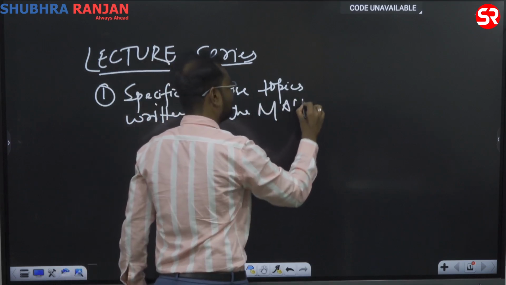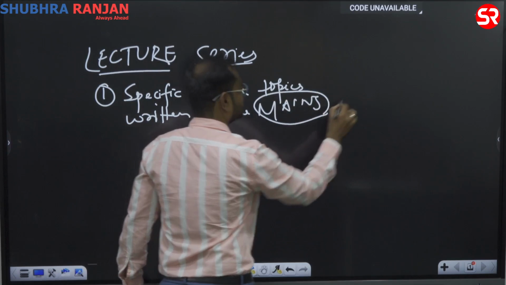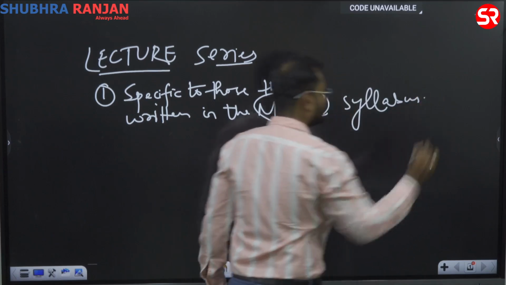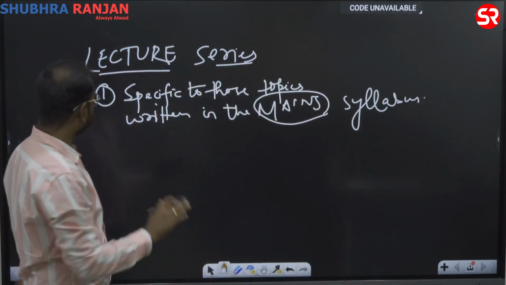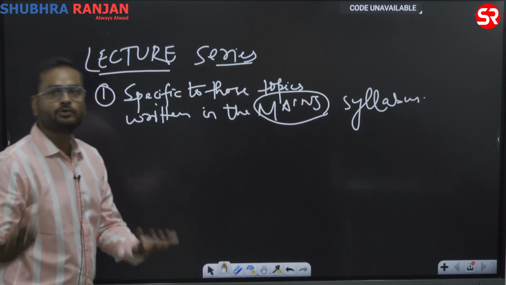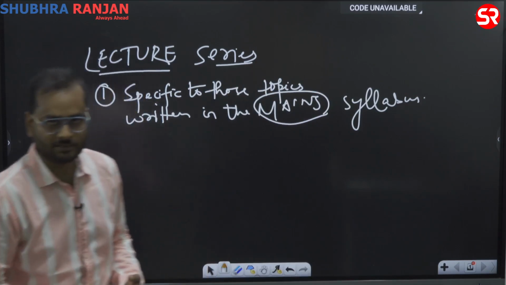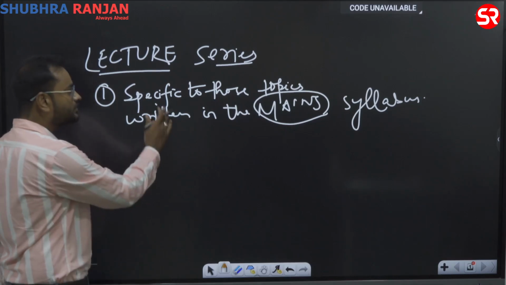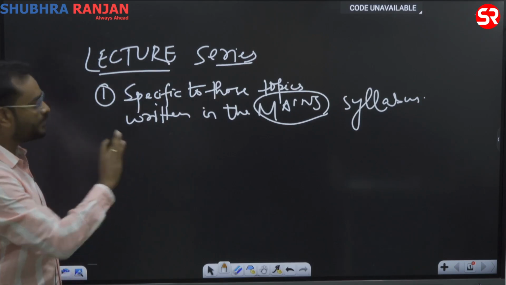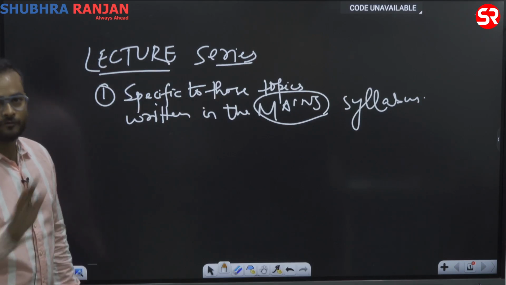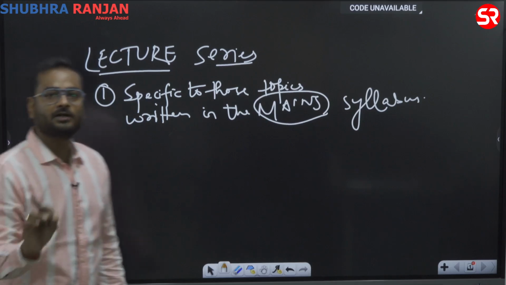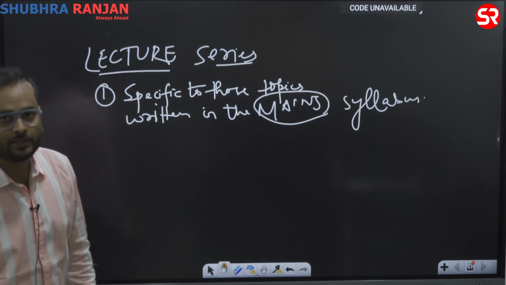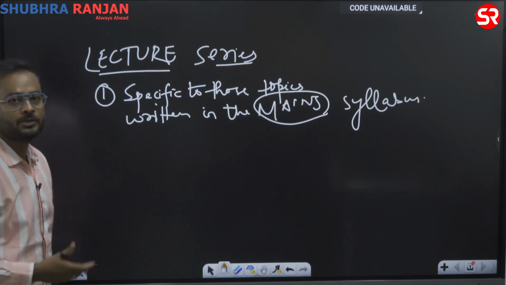I repeat, mains syllabus. There would be a 10-minute discussion regarding what we are trying to achieve through these kind of lecture series. Then we will straight away jump to the topic. So these will be specific to those topics written in the main syllabus, of which the first part we are going to try to finish today would be the tribal portion in the Odisha society.